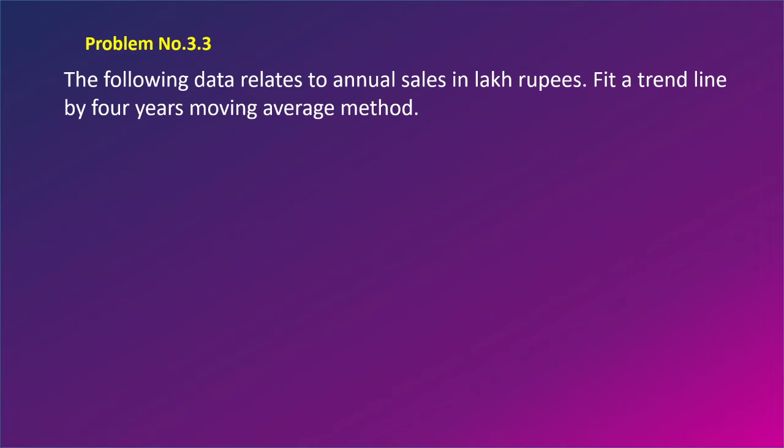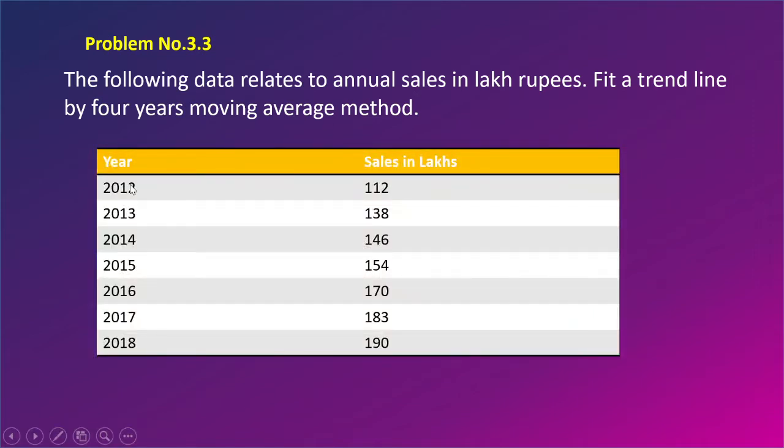Yes, there are minute changes that you should consider. In the previous class we did odd number, here we have taken even number. So that is the major change in today's class. I have considered the same problem, year and sales in lakhs. But the changes are only here.